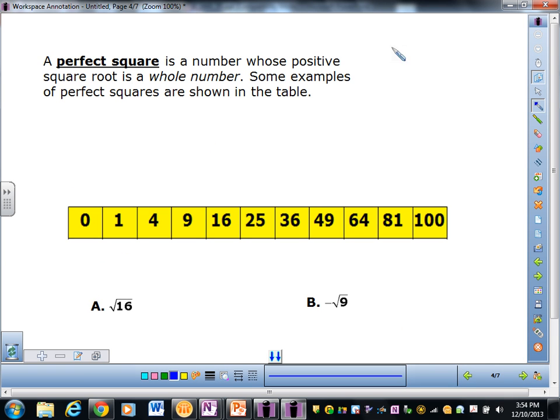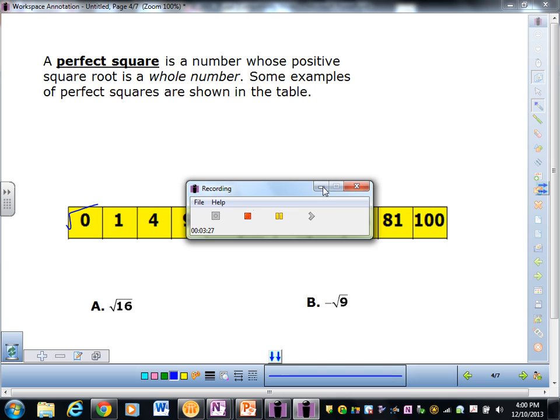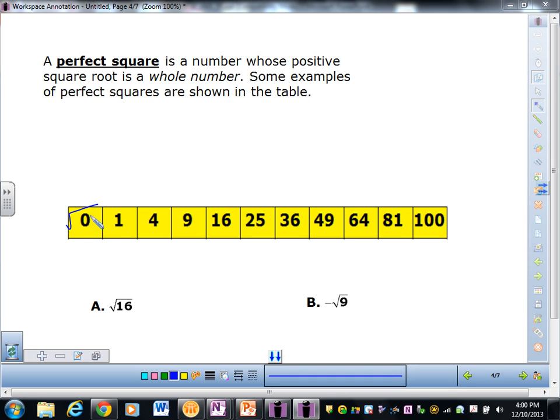Perfect squares mean that numbers can be multiplied together to give you square roots, and that there are no decimals involved. So you know that the square root of 0. Okay, so the square root of 0 means what times what equals 0?